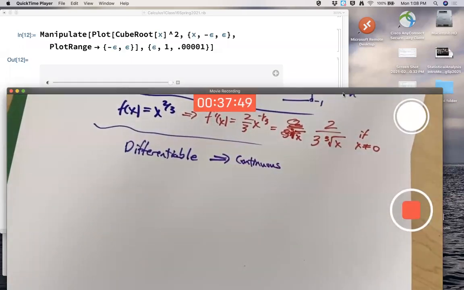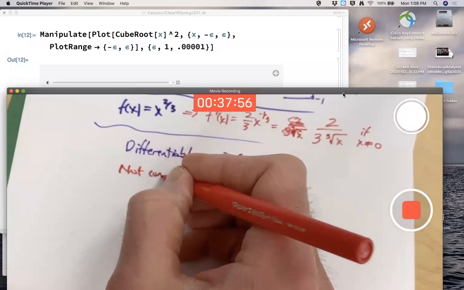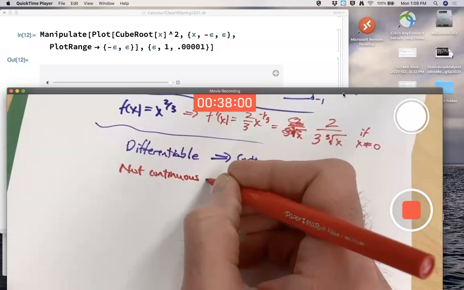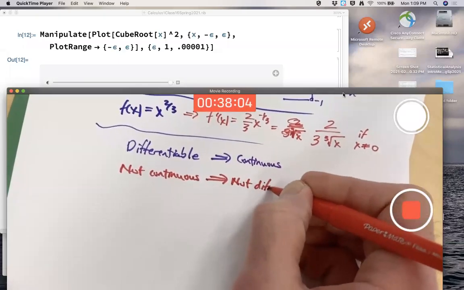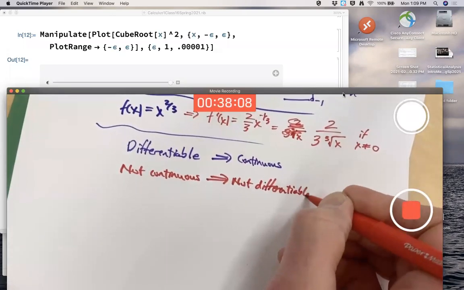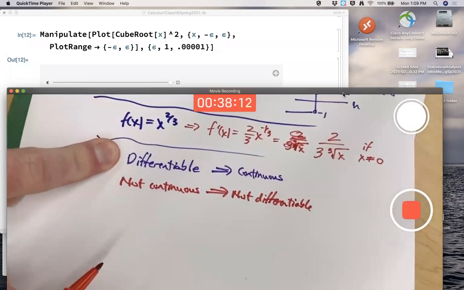That also means that if your function is not continuous at some point or over some interval, it's also not differentiable, because if it were differentiable, this fact would imply it's continuous.